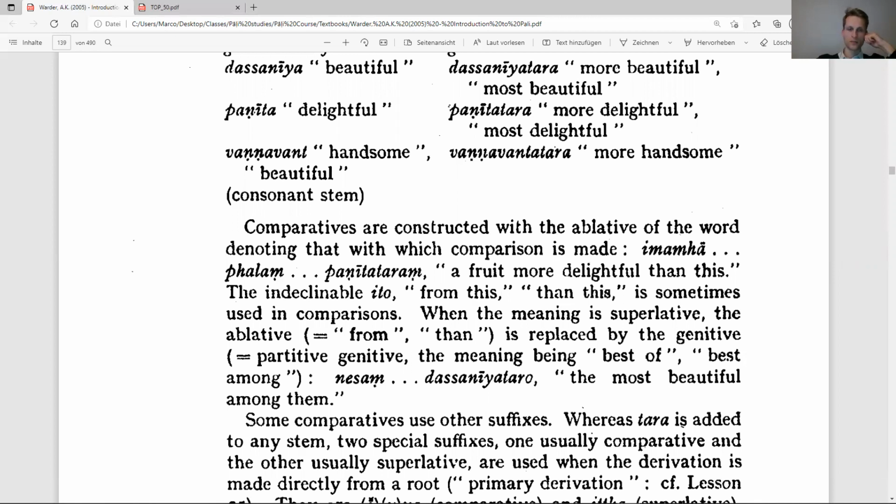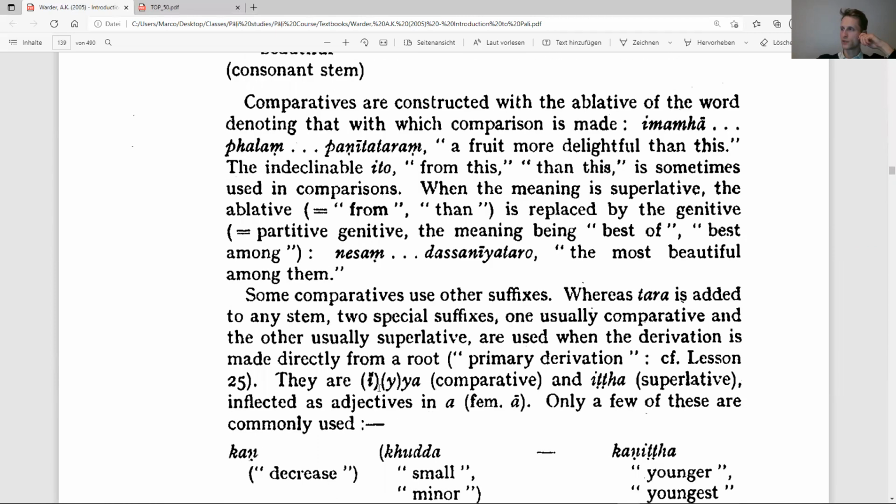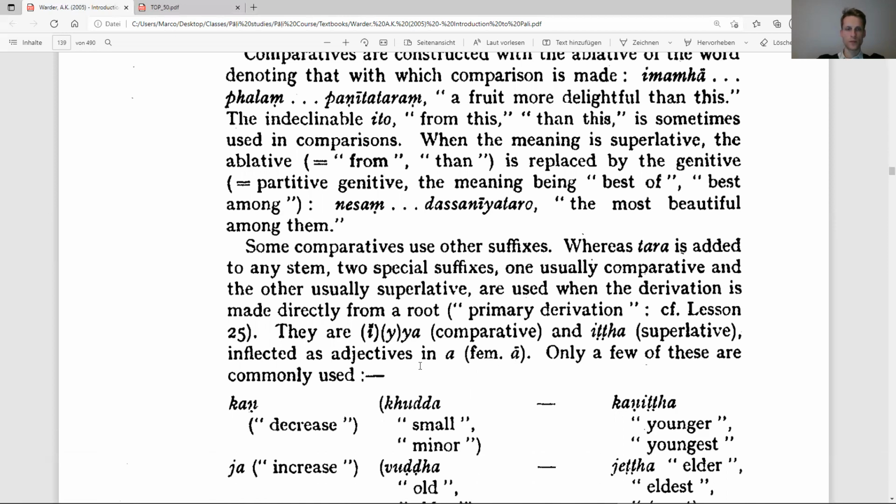They are iya, like this, iya, which can be written with a short as well as a long i, and iyya, as well as the superlative suffix ittha. They are inflected as adjectives in short a, in the case of masculine and neuter, as well as long a, in the case of feminine. Only a few of these are commonly used.